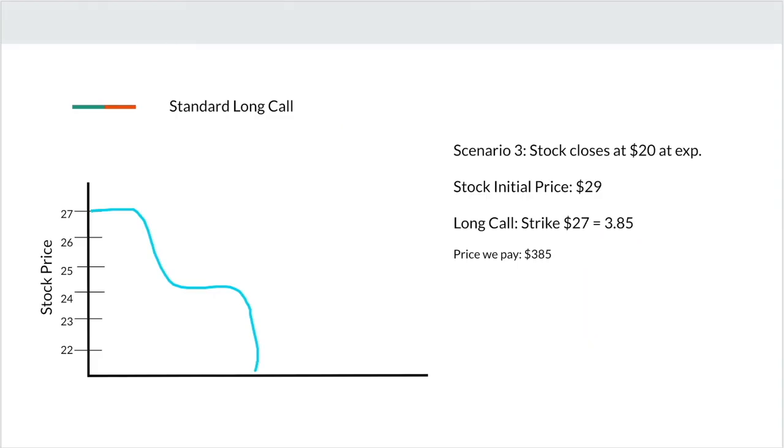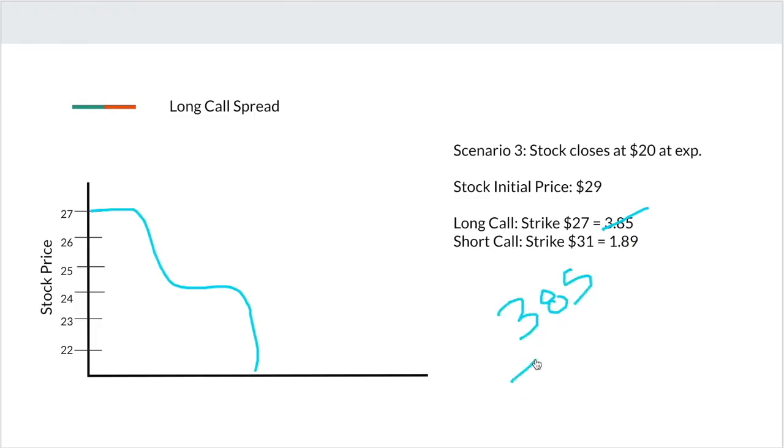Now, if we compare that to the long call spread, you lose 385 here, so this goes away. However, you gain 1.89. So you are losing $385 but gaining 189. You subtract 189 from 385, and that puts you at a grand loss of 196.